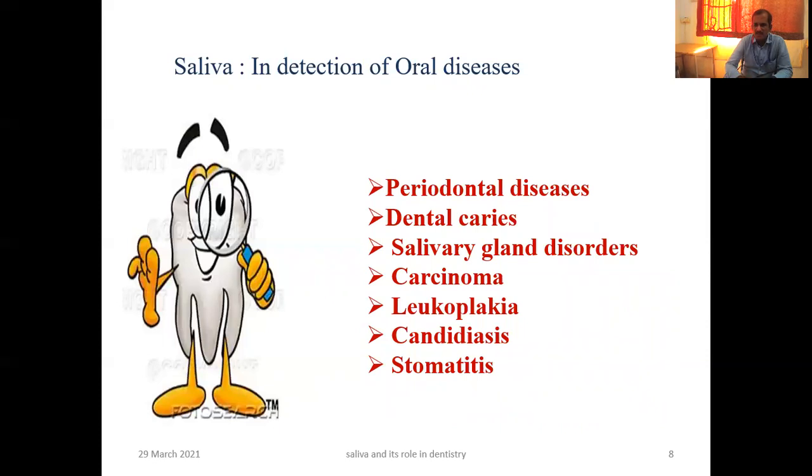The other most common problem that is seen is mucocele. Mucocele is nothing but, if there is a disruption in the path of saliva, the saliva gets accumulated and it turns into a swelling.